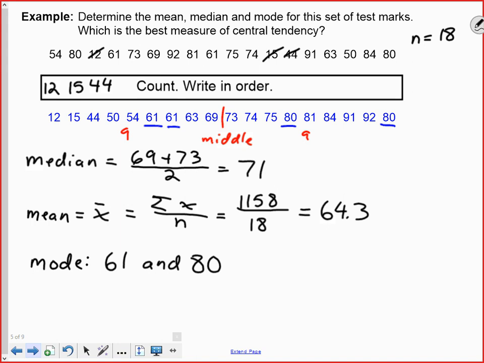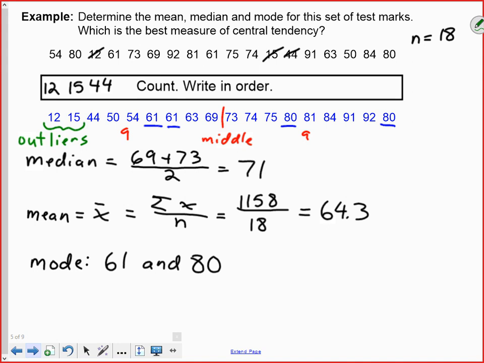Okay. Now, which one is the best to use as our value of central tendency? Well, probably not the mode, because we actually have access to the mean and the median. Are there any outliers in this data set? There are, in fact, two outliers. These two numbers right here. Okay? 12 and 15, those are much smaller than any of the other numbers.